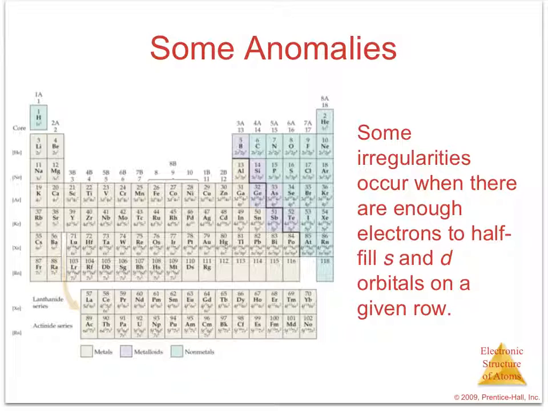So, for example, you may look at chromium, and just using the periodic table, you may say its configuration would be 4s2, 3d4. When in reality, we find that it has one electron in the 4s orbital, and then it has 5 electrons in the 3d's.